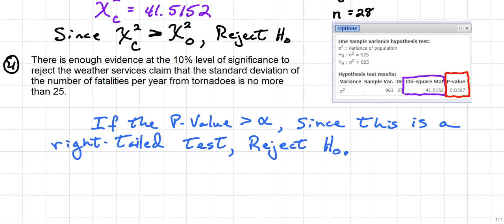Now, if the p-value had not been greater than alpha, you would fail to reject the null hypothesis. In addition, if this had been a left-tailed test, the p-value would be less than alpha, you would reject, and if it was greater than alpha, you would have failed to reject.